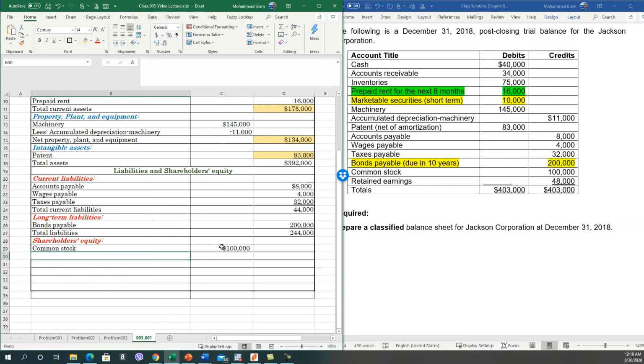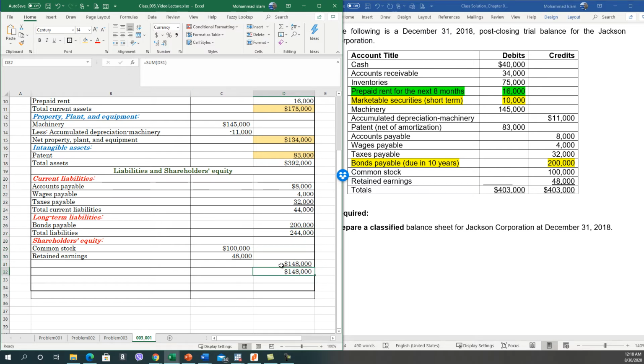And then we have retained earnings, that is 48,000. So underline this one, and the sum of these two should be here.